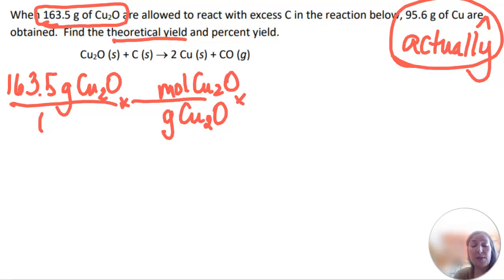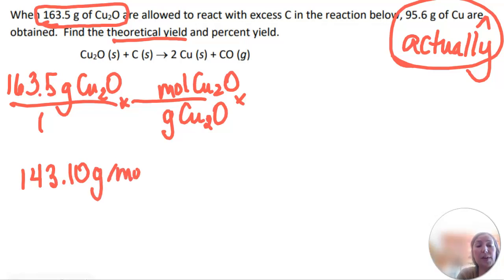So our first step is going to be that molar mass step. We're going to need the molar mass, and I'm going to give that to you. It's actually 143.1 grams per mole. I think we had that earlier in our problem.